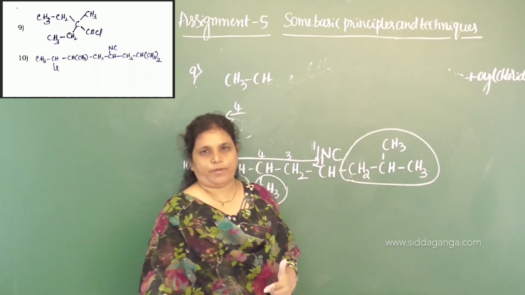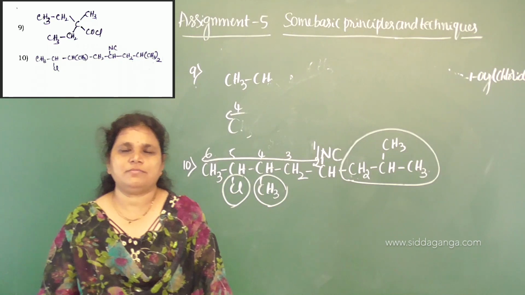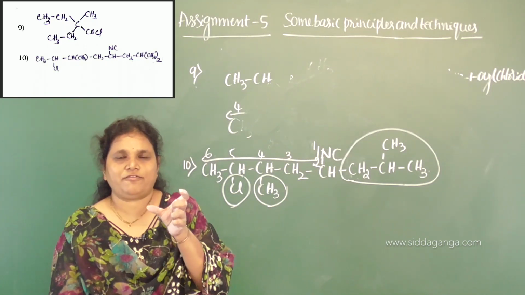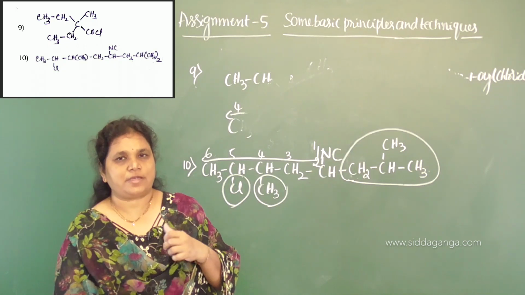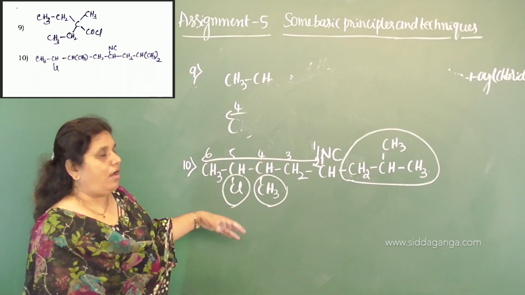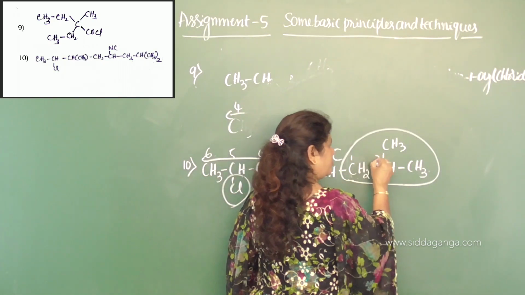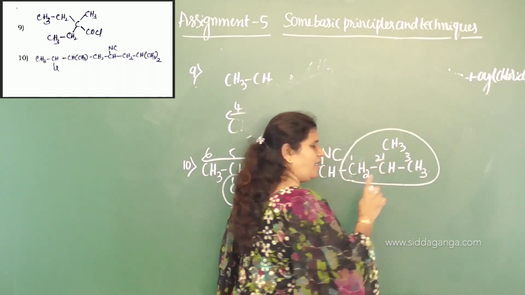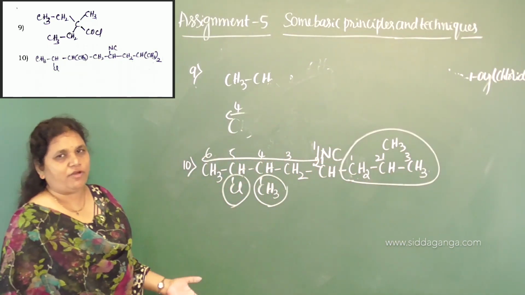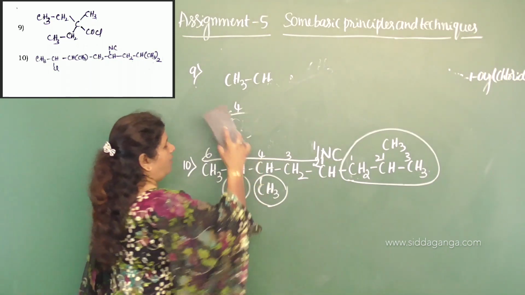So it is nothing but isobutyl, or you can name it as 1, 2, 3, 2-methyl 1-propyl, that is the IUPAC name, but you know that the IUPAC system allows the use of common names for some of the alkyl groups. Even you can use isobutyl or you can name it as 2-methyl propyl or 2-methyl 1-propyl. That name you can also use as an IUPAC name.